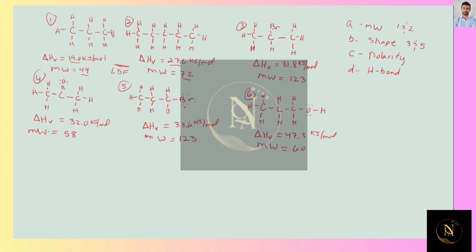The straighter chain is going to allow for more interaction all along the molecule, as opposed to this bromine, which starts to get in the way of forming intermolecular forces along the length of the molecule. It's cumbersome with this shape here. But with the bromine on the outside, both of them are polar molecules, but this will also allow for stronger London dispersion forces because those molecules can stack one on top of the other. And that's why number 5 has a larger heat of vaporization than number 3.